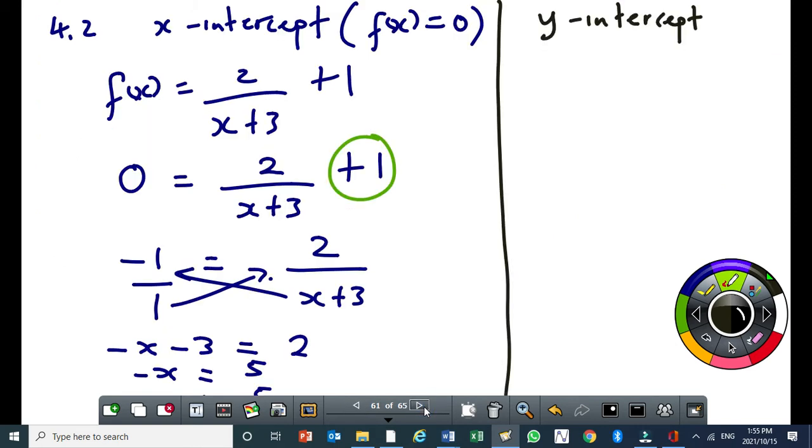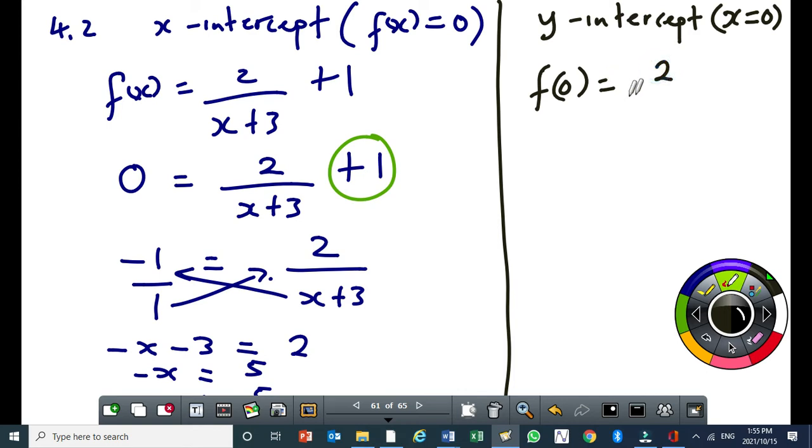Then we substitute here x equal to 0, because we are calculating the y-intercept. So where there is x, it will be f of 0. f of 0 means the value of y when x is 0.